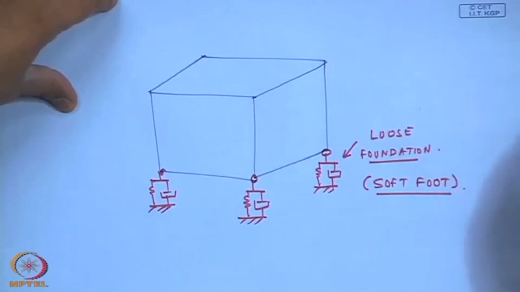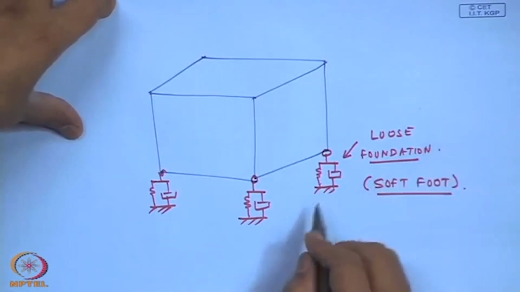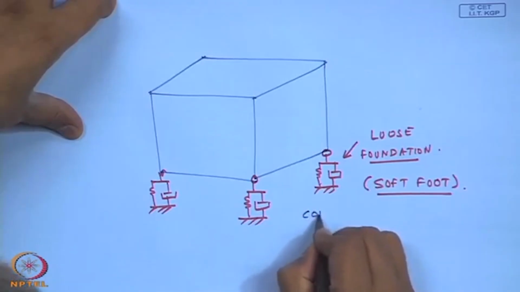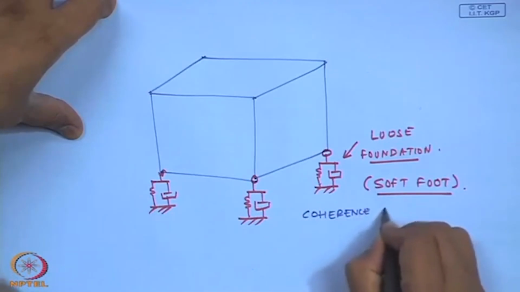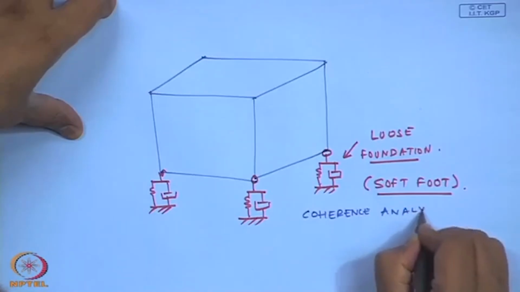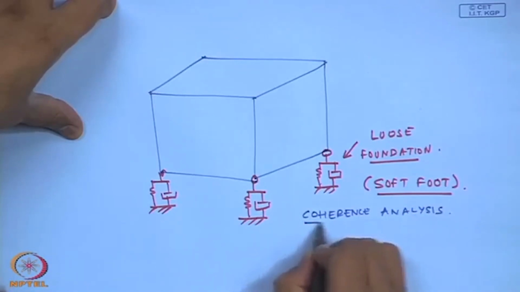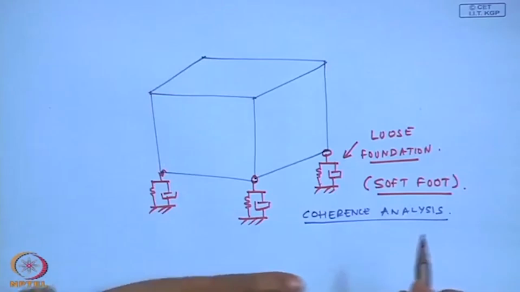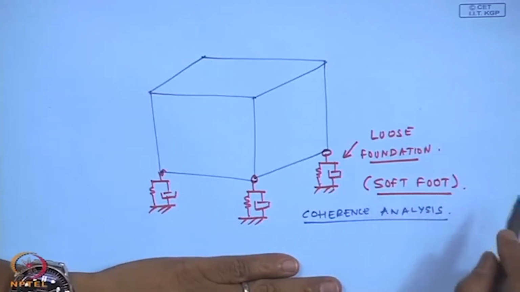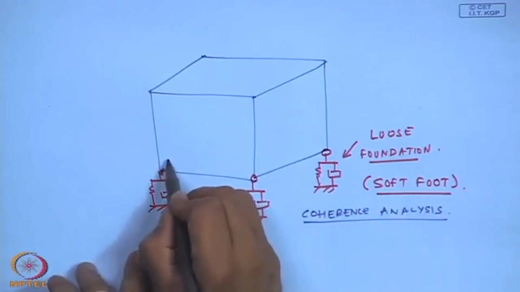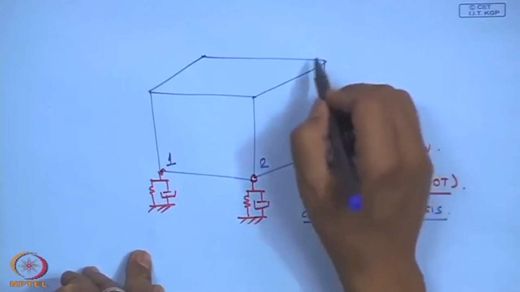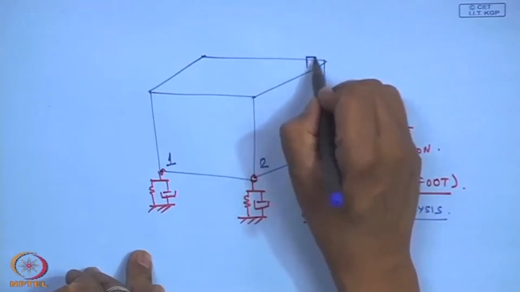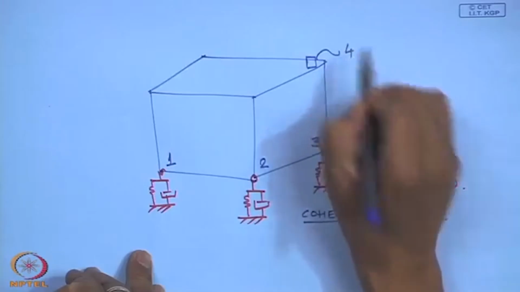Now, soft foot can be very easily determined by what is known as coherence analysis. Okay. And how this is done is, suppose I name them 1, 2, 3, and suppose I have another transducer at location 4.